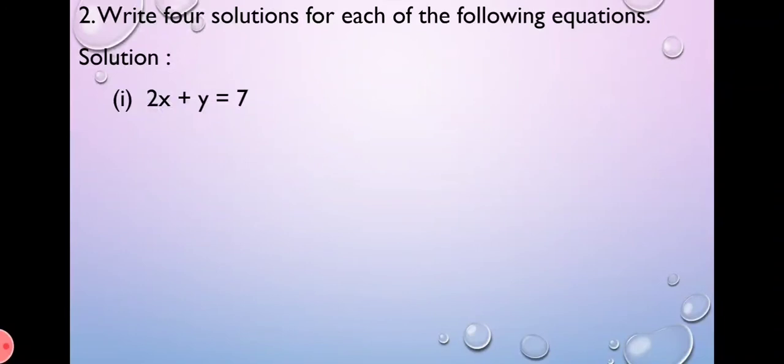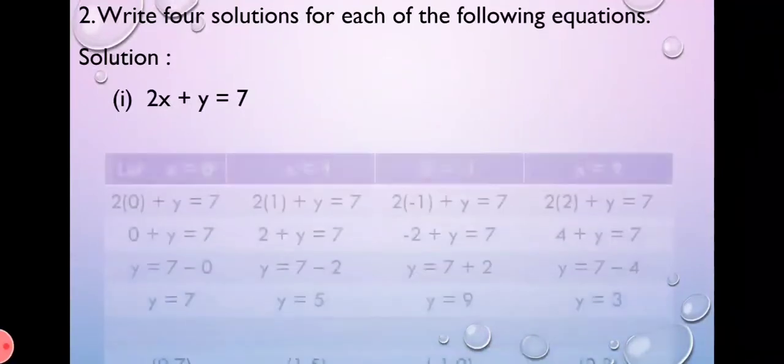Already in my previous lecture, I have shown the method to find the values of the variables. You have a pair of the given variables. So, it is better to suppose the value of x and then put it in the given equation.